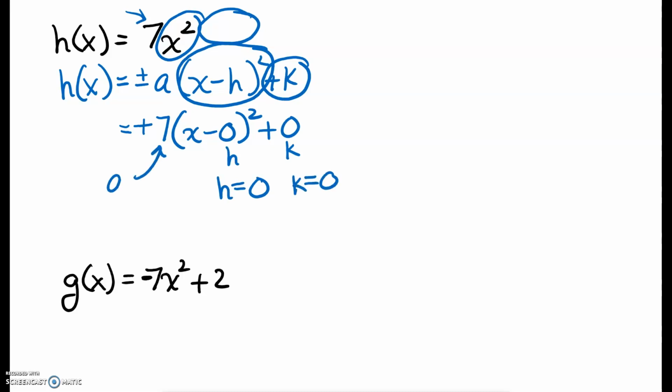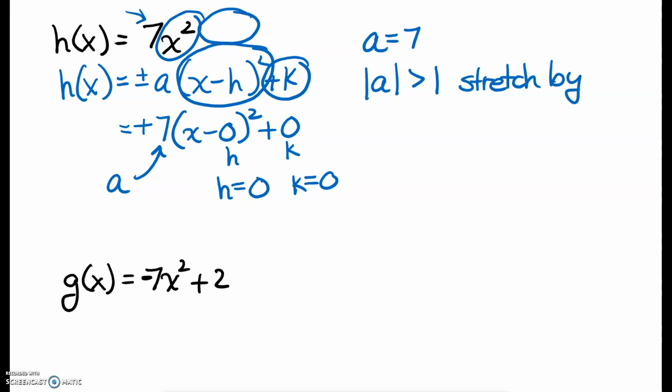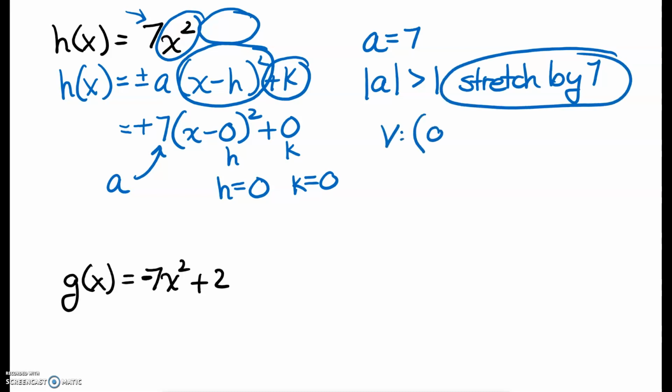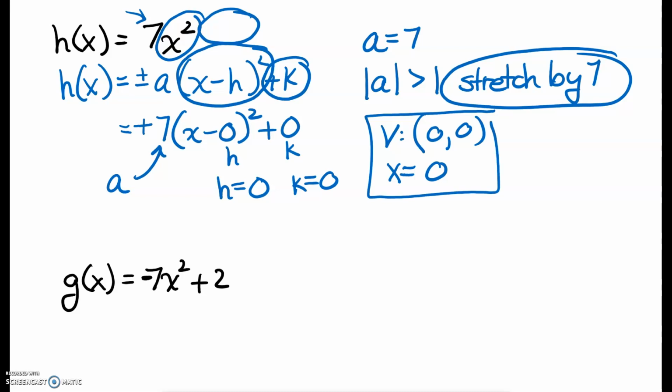My a value is 7. So the absolute value of a is greater than 1, so this is a stretch by 7. My vertex is h comma k, so it's 0, 0. And my axis of symmetry is x equals h, or x equals 0 in this case.